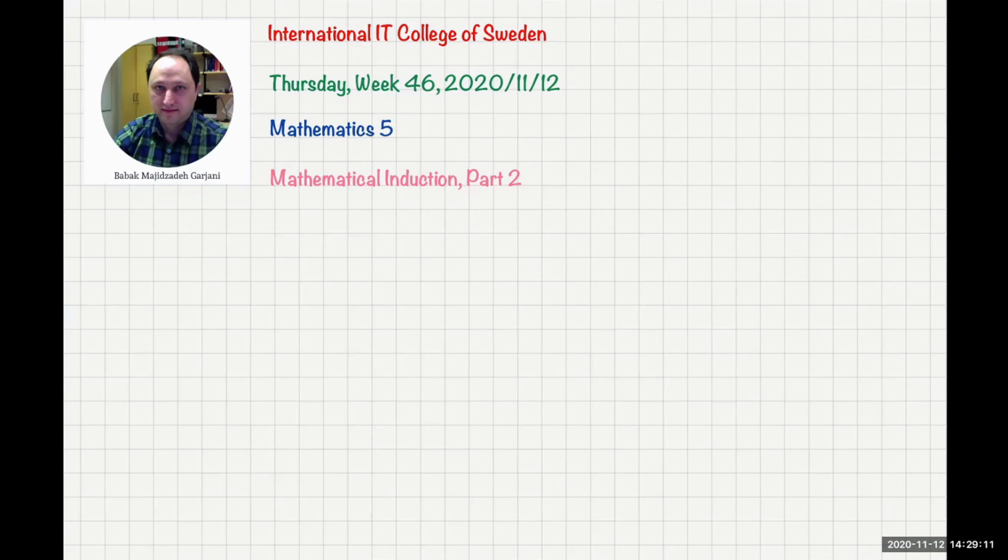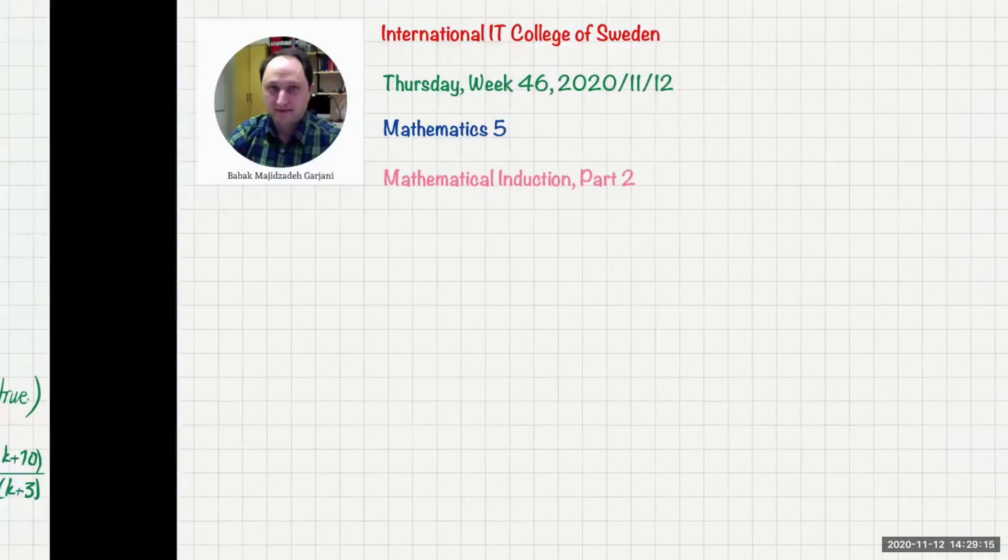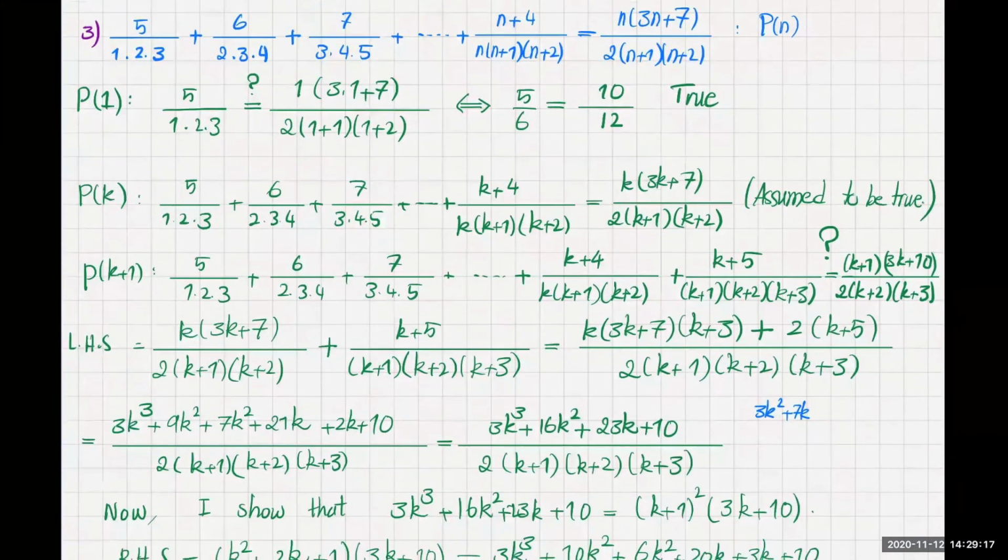Because in going from assumption to the one that we want to prove, what we do when we go from this step to this step, we show that if a step k is true, the next step is true. But if I ask you based on this, can I conclude that P1 is true, P2 is true? You would say no.